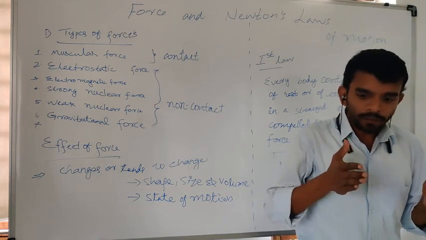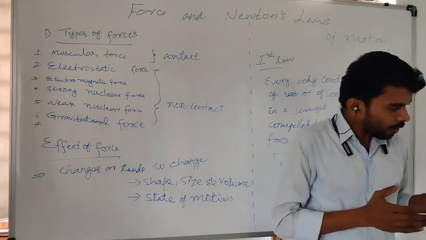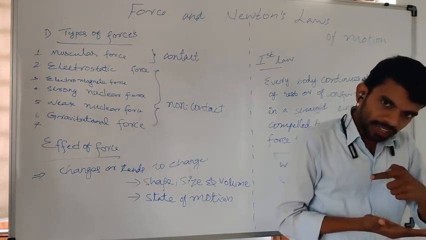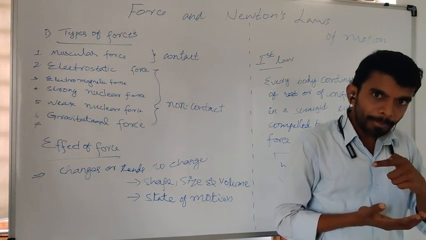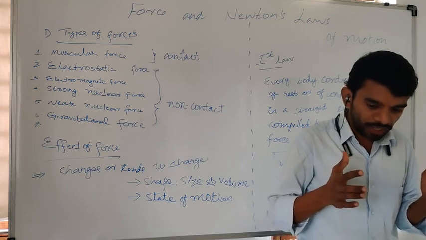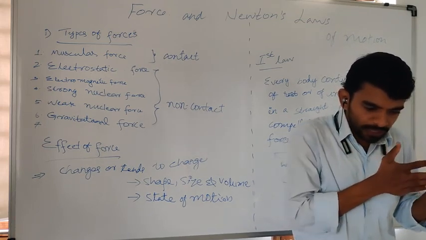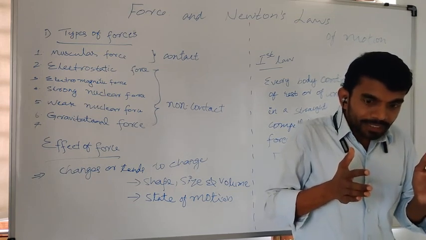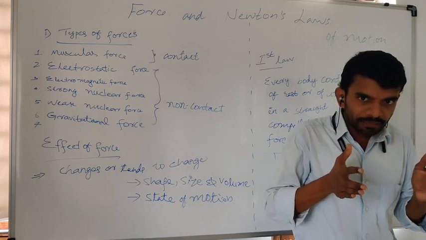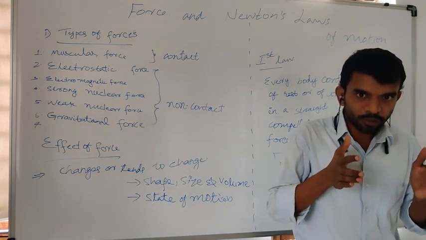Now, if I apply 5 units of force in this direction and 5 units in the opposite direction, the same magnitude but opposite in direction, will the ball move? The forces get cancelled because force is a vector quantity.